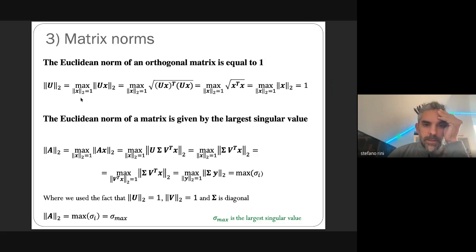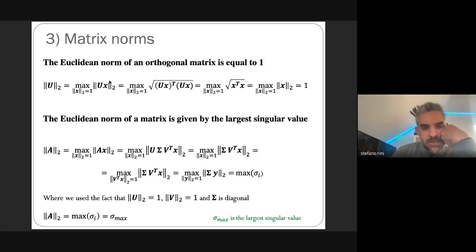We look for the vector X of norm 1 that maximizes the norm of U multiplied by X. So what we have is a norm for vectors, and now we want to use the norm for vectors to induce a norm over the matrix U.